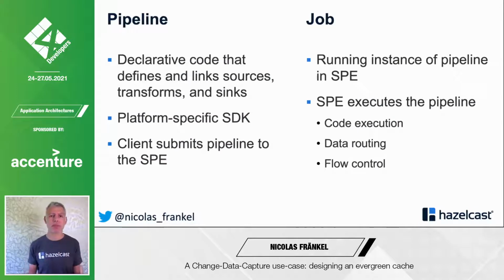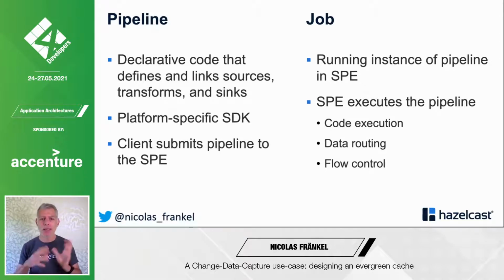Most stream processing engines define a pipeline in the job, and here I'm using the semantics of Jet. In other words, you might have different semantics, but the idea is always the same. The first thing is you will define through code what your pipeline does, so where it will read from, where it will write to, and the steps in between.